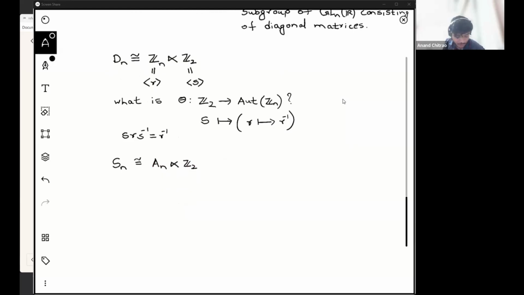Now, just to give a non-example, Q8 is not a semi-direct product.